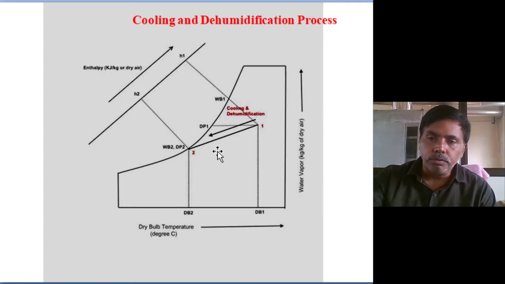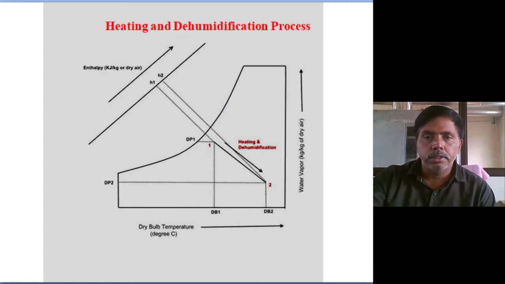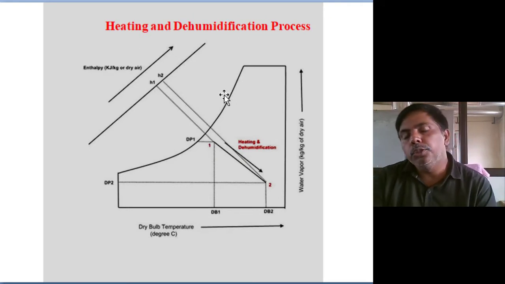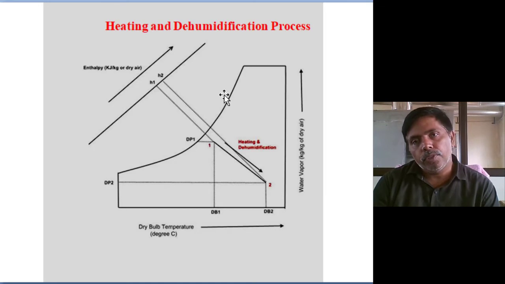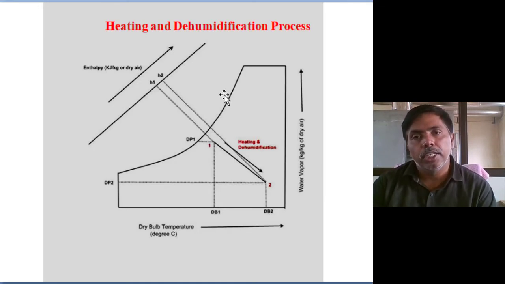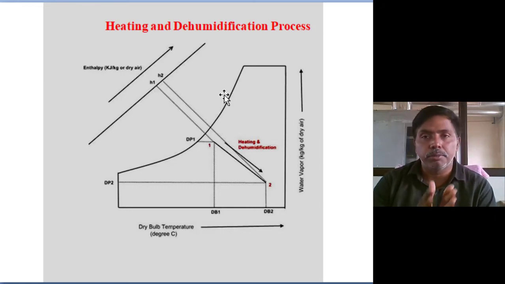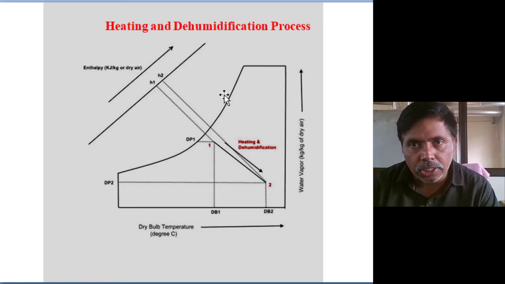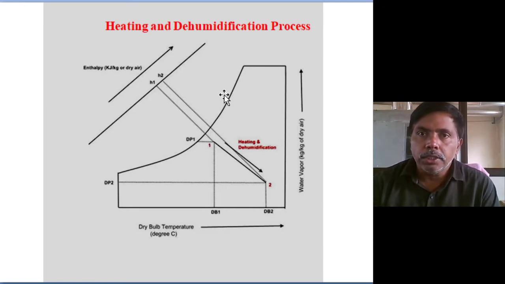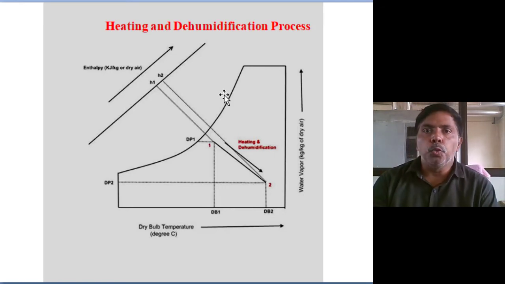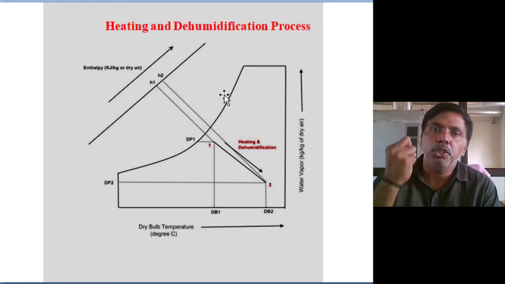Okay, next, heating and dehumidification. How can we do heating and dehumidification? It is a chemical process, heating and adsorption. Silica gel or Al2O3 will adsorb the moisture from the air.